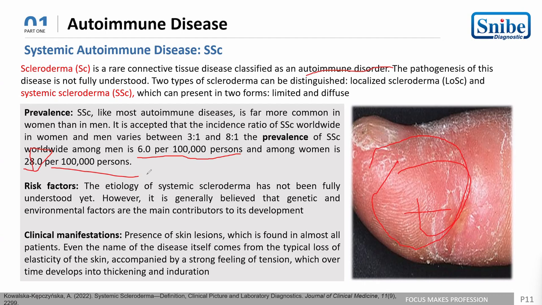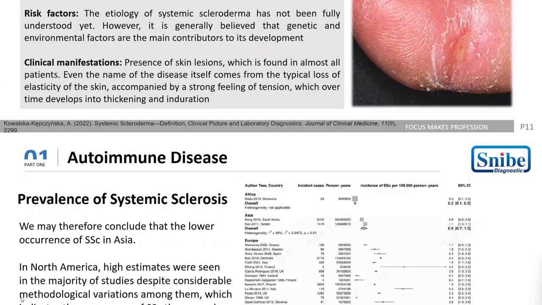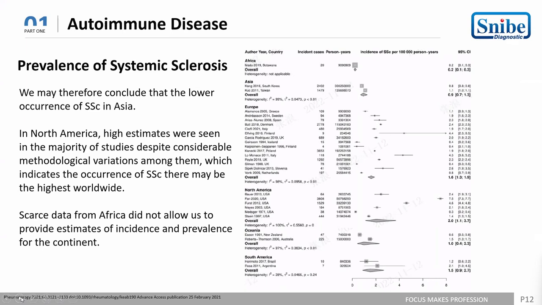The risk factors and etiology of systemic scleroderma have not been fully understood yet. It is generally believed that genetic and environmental factors are the main contributors to its development. So again, this is an autoimmune disease, and genetic and environmental factors are involved.